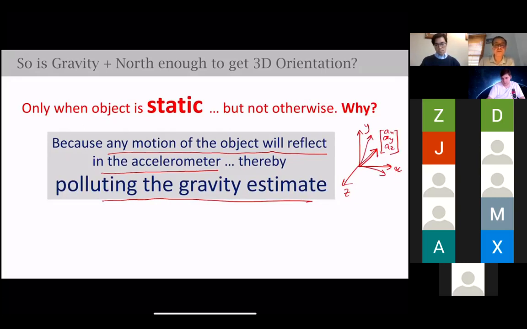One is gravity and the other is the object's motion. There are many ways to combine the motion and gravity to get ax, ay, az. Make sense? So you cannot do it.